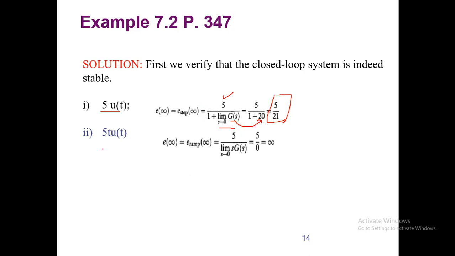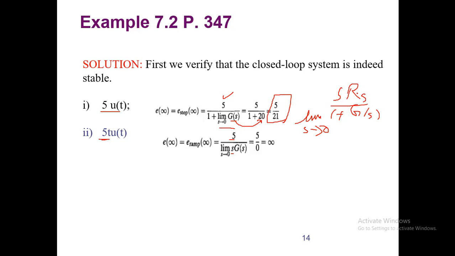Similarly, if you put this equation, that is 5t, it means there will be 5 over S square, because the equation was S times R of S over 1 plus G of S as the limit goes to 0. This was the actual formula, limit S tends to 0.